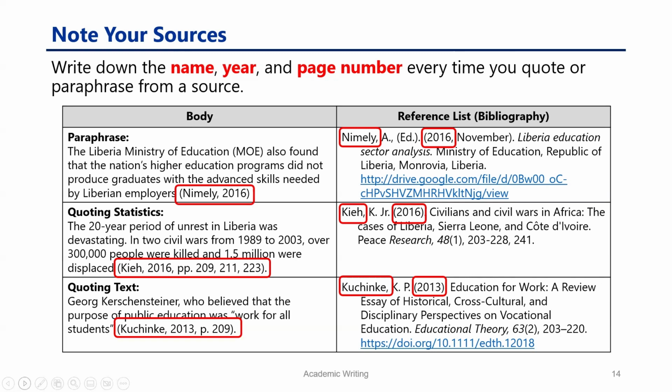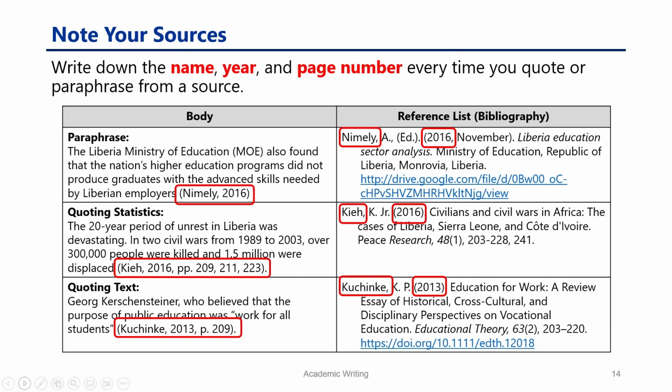Let's look at the second row. When you quote statistics, you have to use the author and year in the citation, as well as the page number where you found the statistic. And again, the reference on the right has the author and year in it, as well as other information.